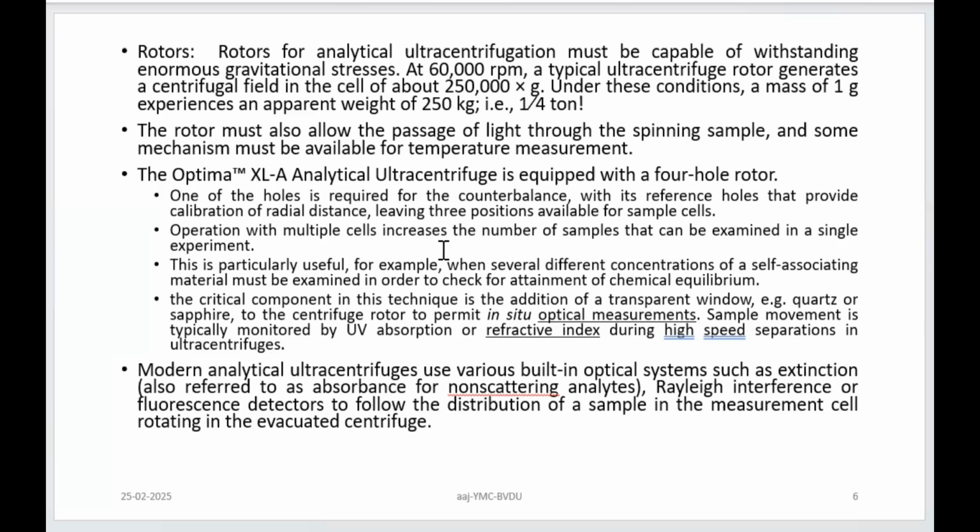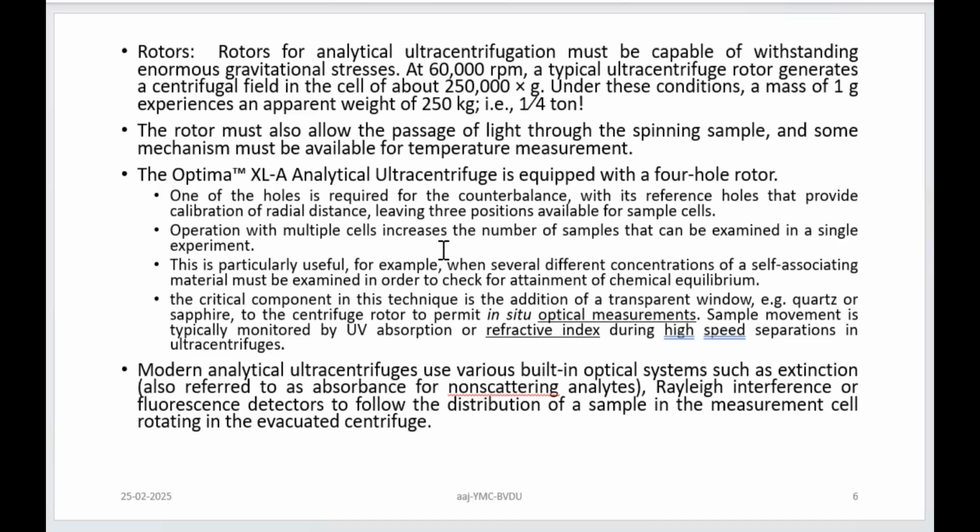For example, when several different concentrations of a self-associating material must be examined in order to check for the attainment of chemical equilibrium, you need to handle a number of samples at a time, and that is quite possible. That is another, you can say, beauty or uniqueness of analytical ultracentrifuges which have come on the market, for example, Optima XL-I.